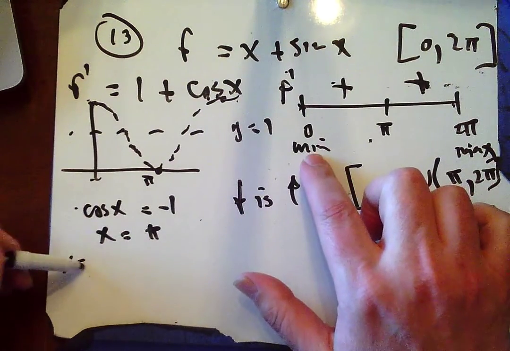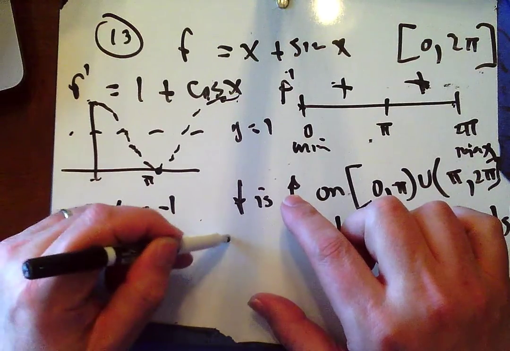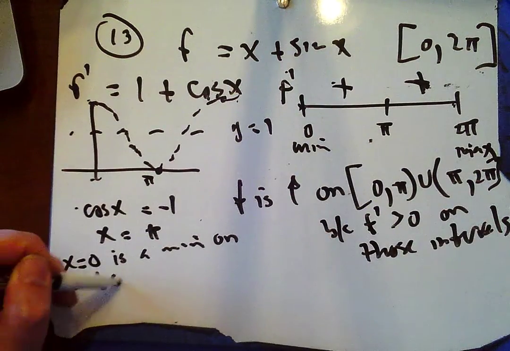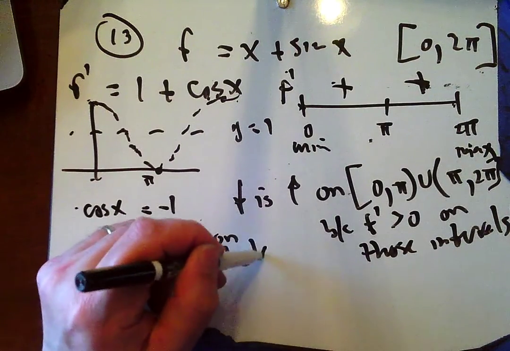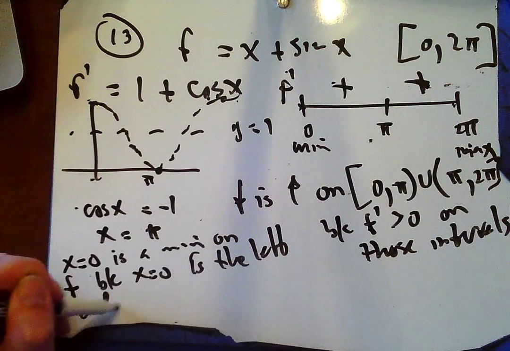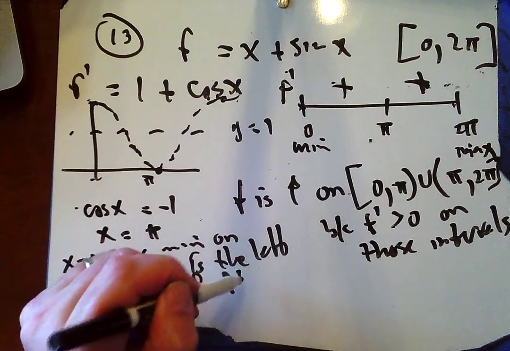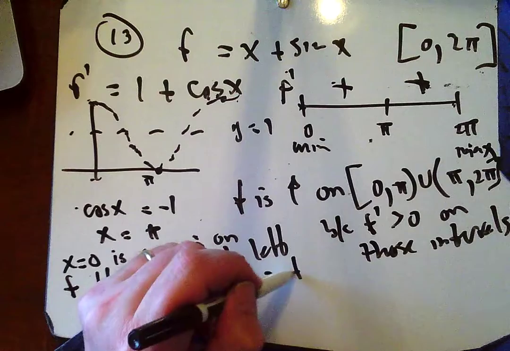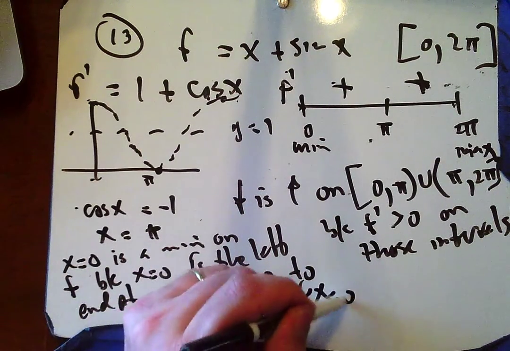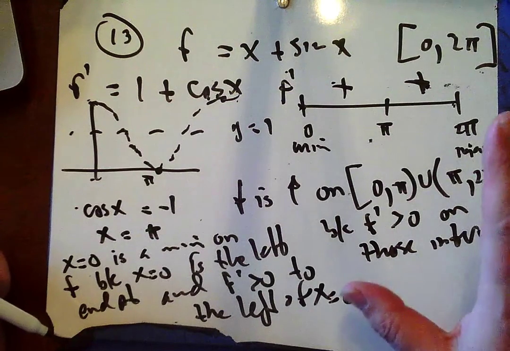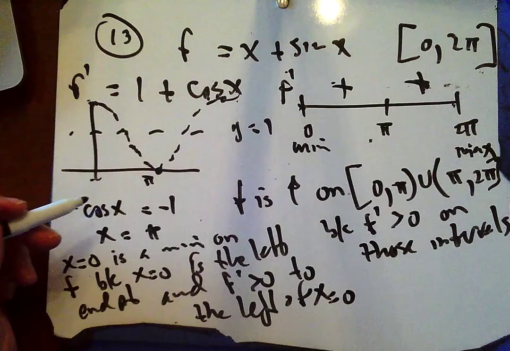Endpoint x equals 0 is a min on f, because x equals 0 is the left endpoint, and f prime is greater than 0 to the right of x equals 0. And I would expect you to be able to write the justification for the max over here at 2 pi.